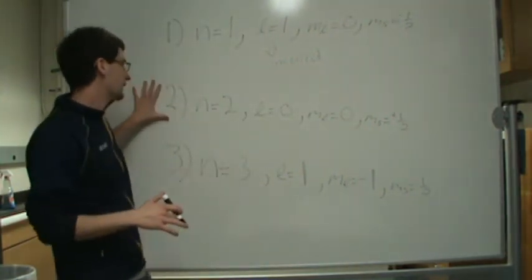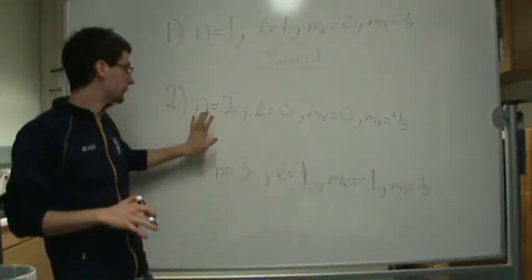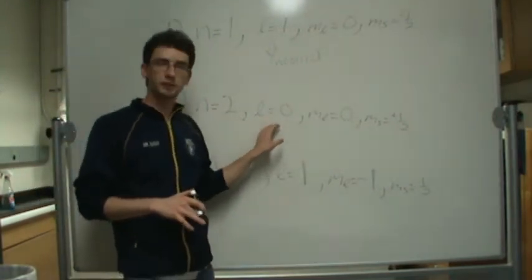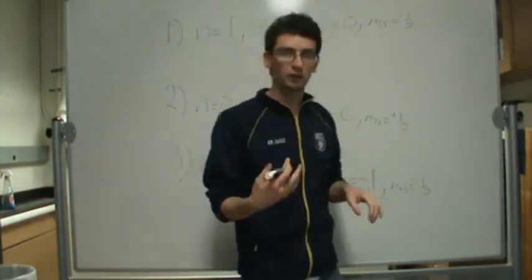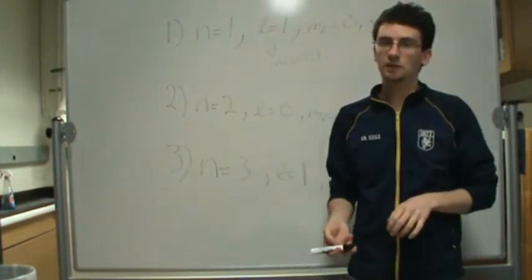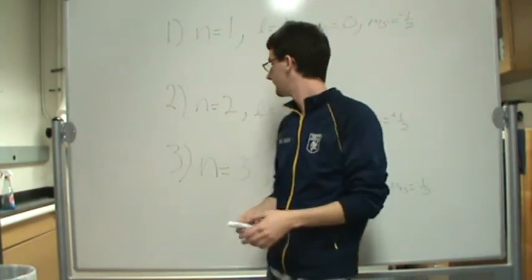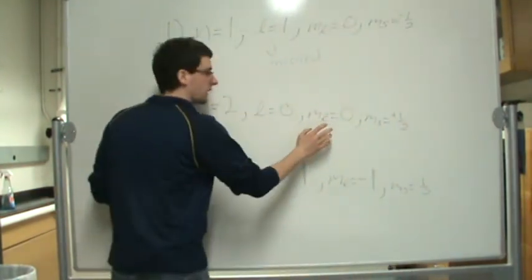Next, for our second case, we have a principal quantum number of 2, which is fine, and L equal to 0. Now I said our angular quantum number, L, can take on values of n minus 1 to 0. This is 0, so it should be fine. Next, we have an ml of 0.